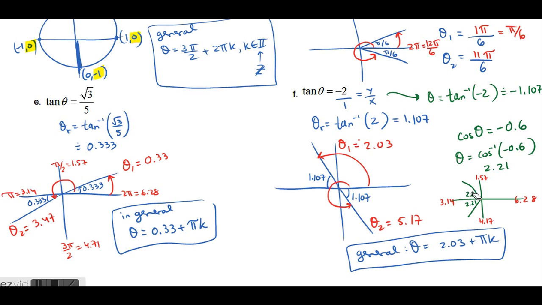So this 2.21 actually is not in here. It's still in the same quadrants. Everything got erased, sorry. So it's this one right here is 2.21. And the related acute, you can do 3.14 minus this 2.21. So the related acute is the 0.93. Okay, so just be careful of that.